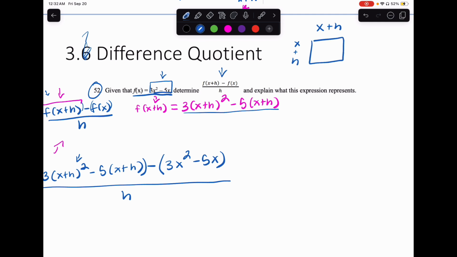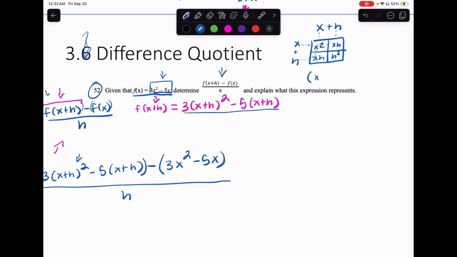You draw a little square, and these boxes are just what you're multiplying. The top left box is x times x, which is x squared. Over here, you're multiplying x times h, xh. The bottom left is the same thing, x times h, like the row and the column. And the last one is h squared, h times h.